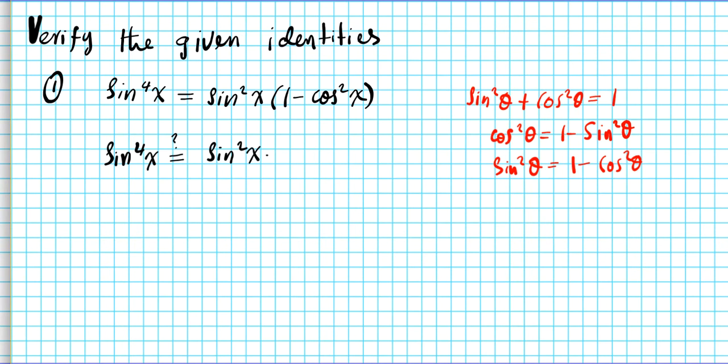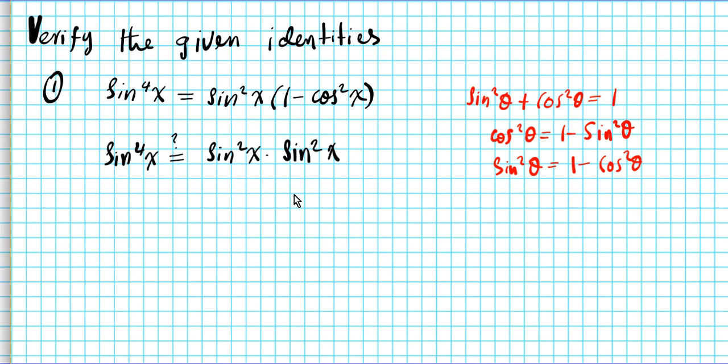I want to substitute 1 minus cosine squared theta for x with what? So replace it with sine squared x, because x is a variable in this problem, so we have sine squared x.